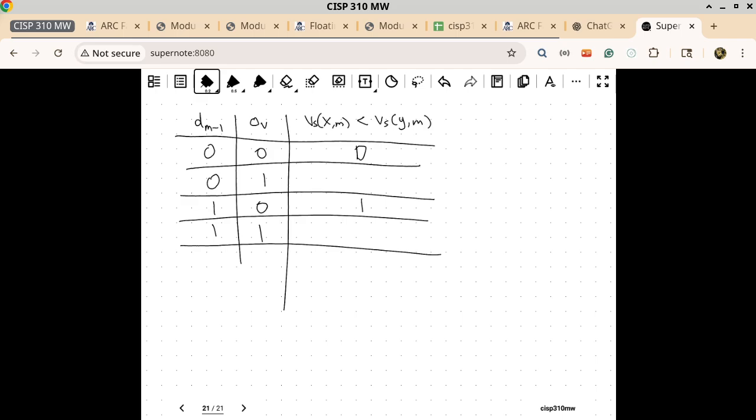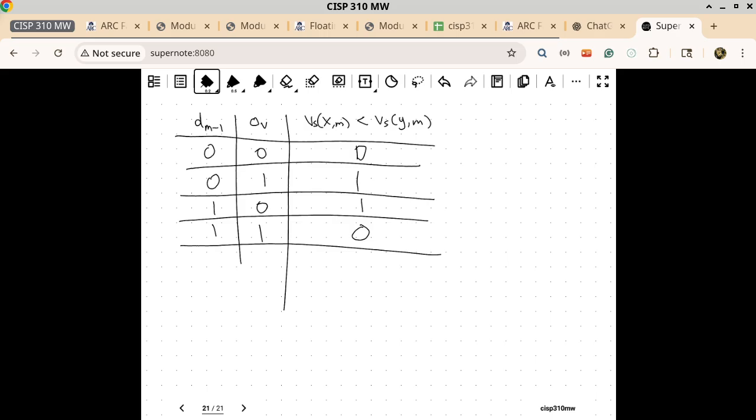So what did we say about overflow? If there's an overflow, then the sign bit of the difference tells you the opposite of whether x is less than y. So for this one, since we see a 0 here, we have to flip that 0 to a 1. For this row, because there's an overflow, if the sign bit says x is less than y, then we flip it around and say, nope, that is not the case.